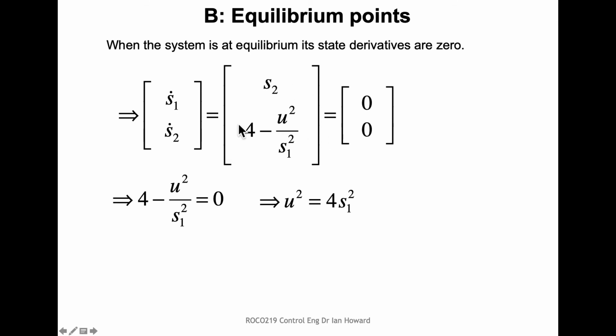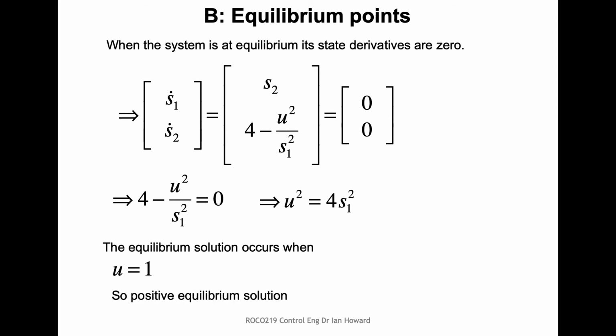The first one is S2 equals 0, and we also get 4 minus u squared divided by S1 squared equals 0. From the second equation, we can rearrange that: u squared equals 4 S1 squared. So we can take the solution when u equals 1, because that's what we've been asked to do.